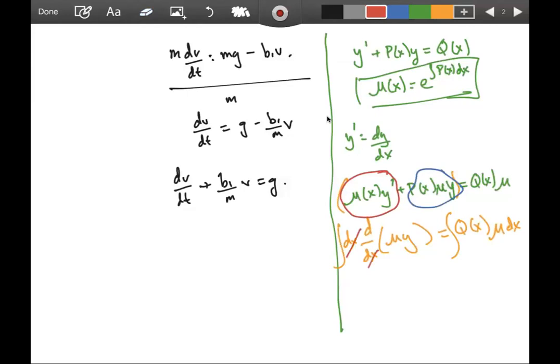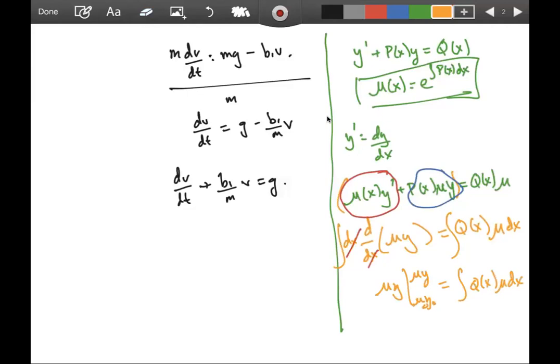When I take the integral of d mu y, that's the same thing as integrating something like dx, which means my left-hand side simply becomes mu times y. So I get mu times y evaluated from my initial conditions: mu y initial to mu y final is equal to the integral of my right-hand side.